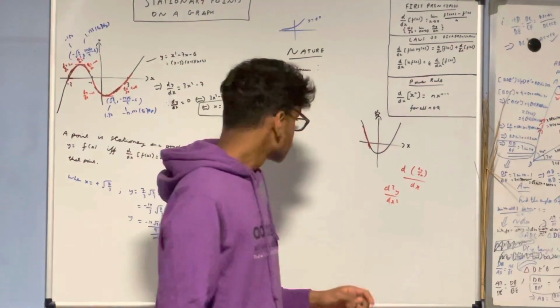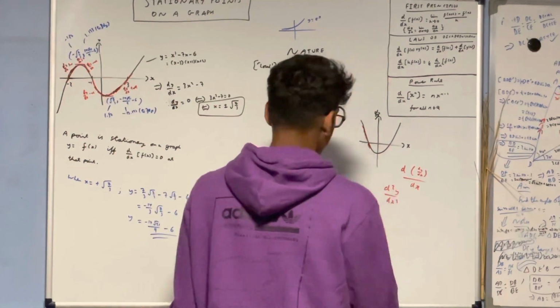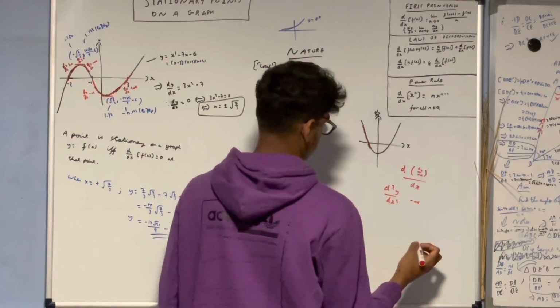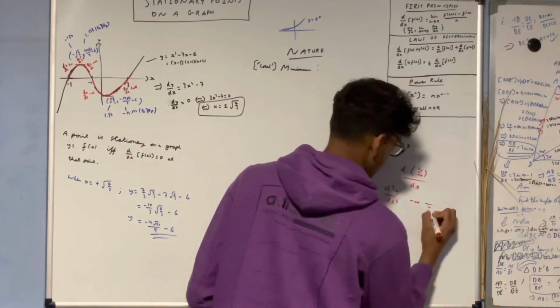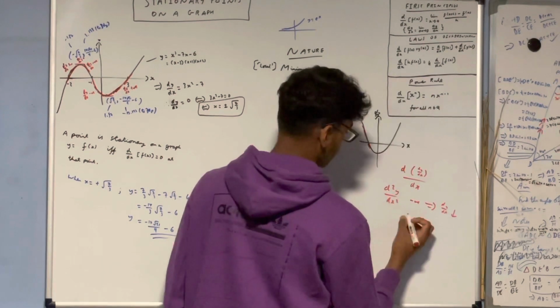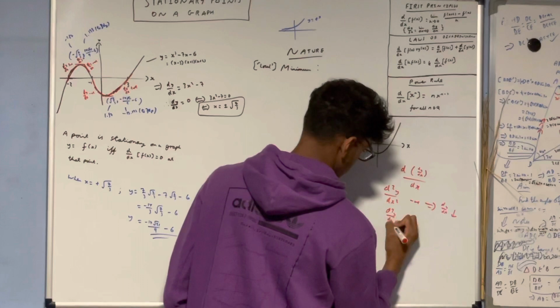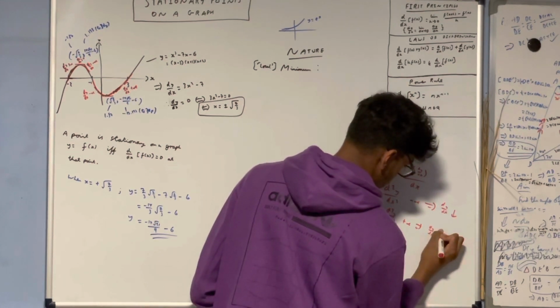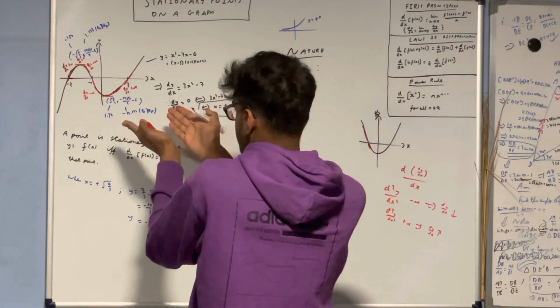And so, if d squared y by dx squared is negative, then dy by dx is decreasing in value. But if d squared y by dx squared is positive, that means dy by dx is increasing, and this is basically the same as this graph.